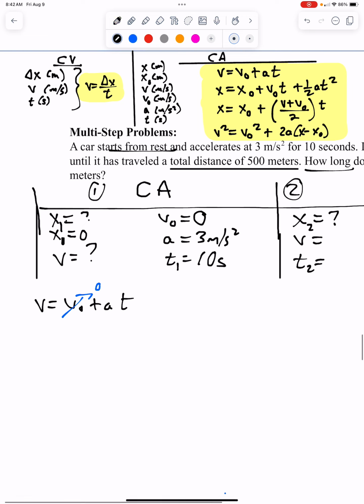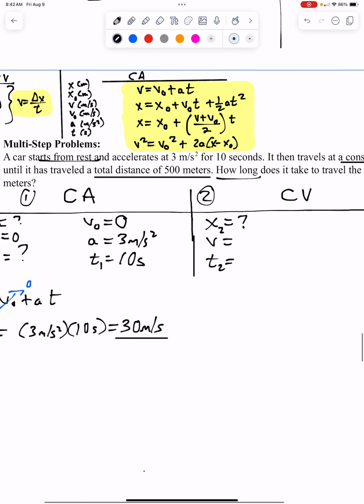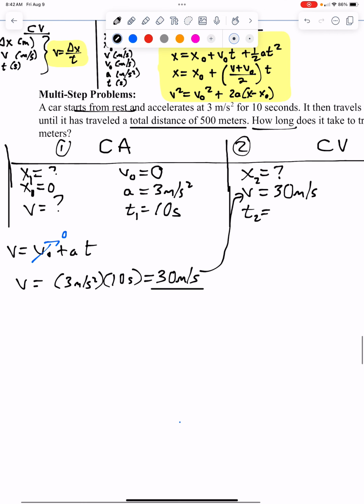Remember, we're starting from rest. And V is going to be equal to 3 times 10, or 30 meters per second. Now, that is going to go right there because that would be your constant speed for the rest of the way. Now we also need to find how far we went in 10 seconds.